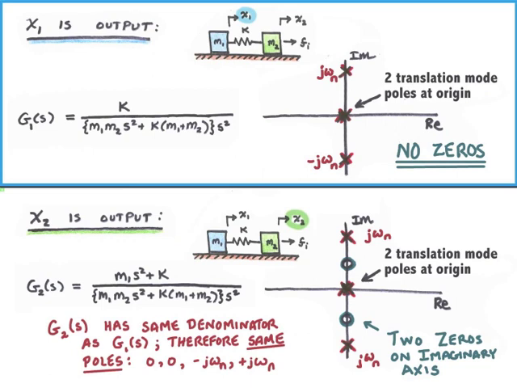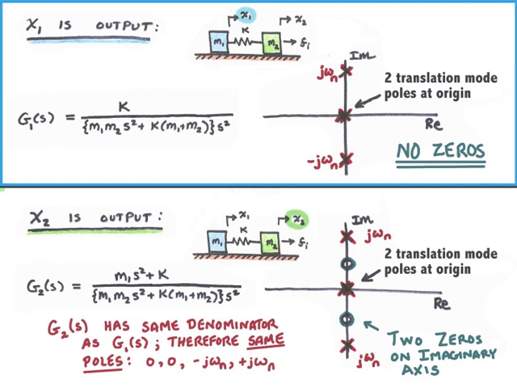Here are the poles in the complex plane when x1 is the output. We have 2 poles at the origin and 2 on the imaginary axis. The poles at the origin correspond to the rigid body modes of the system, and the poles on the imaginary axis correspond to the flexible modes. There are no zeros in the transfer function between input Fi and output x1.